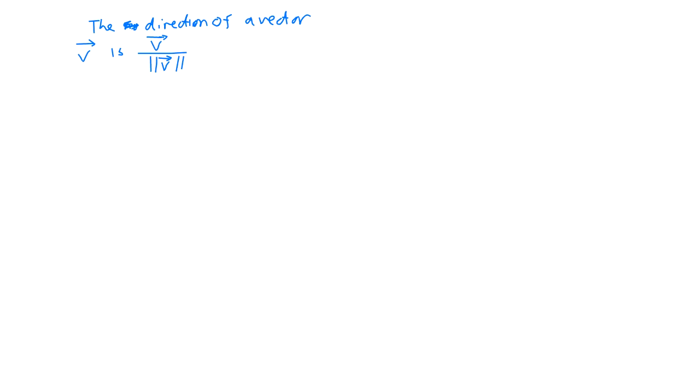So the direction of, for example, 3i minus 4j: before a second, we find the norm of this vector. The norm was 5.